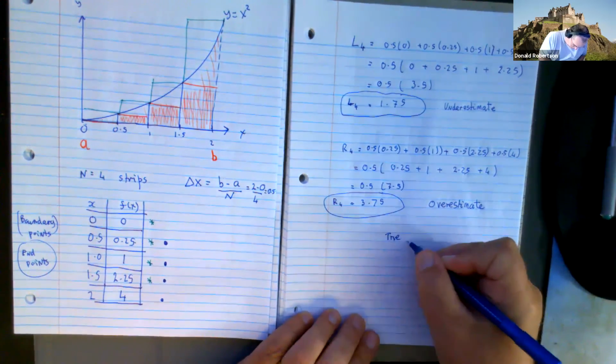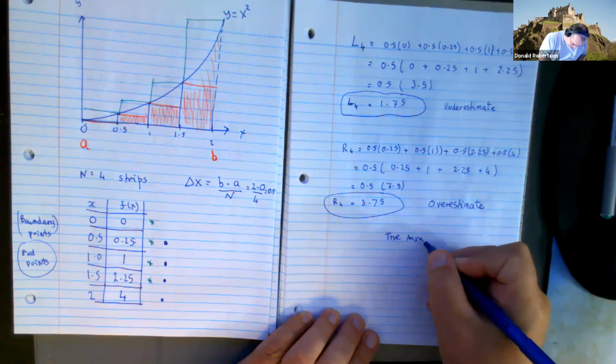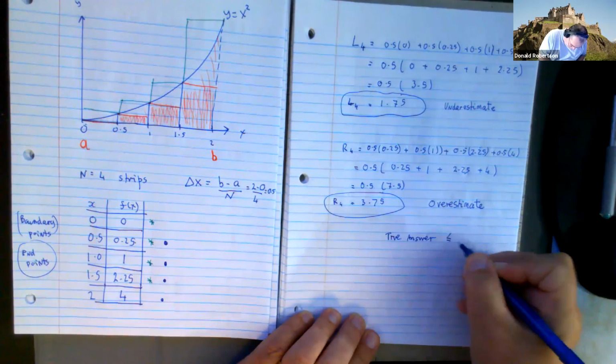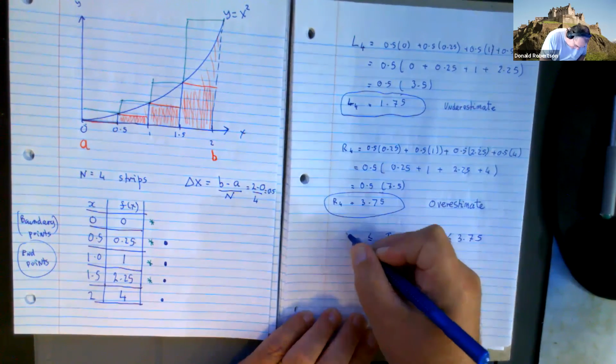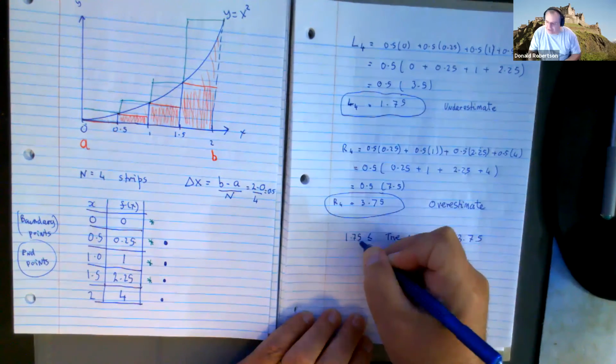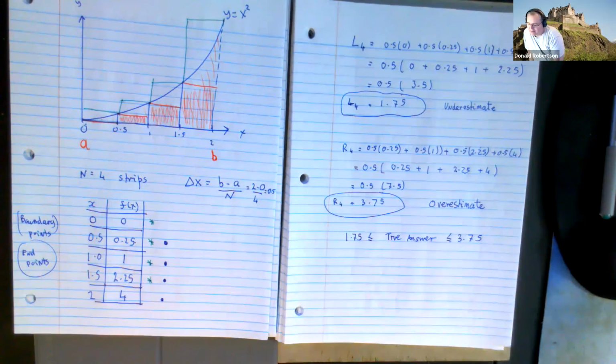The true answer, the exact answer, isn't it going to be somewhere between those 2 places? Hasn't it got to be bigger than the underestimate, but less than the overestimate? And that's a useful thing to know. I don't know the exact answer, but can't I bet my money that it's definitely somewhere between 1.75 and 3.75? At least that I can tell.